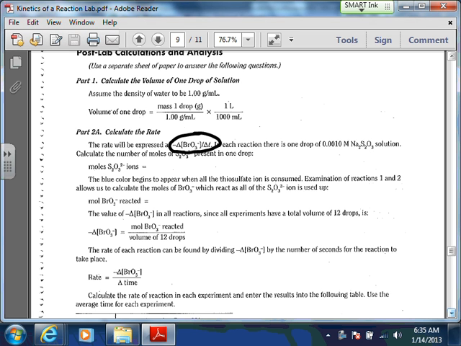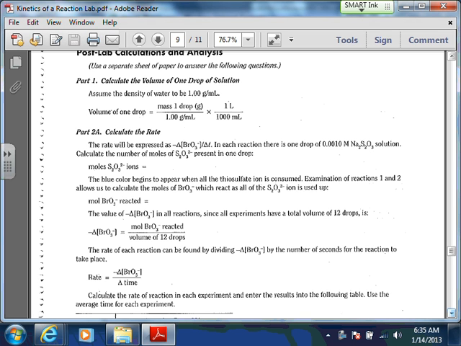So what we're going to have to do on this part, to find the moles of the S2O3 2 minus, let me walk you through this a little bit just to make sure that we understand how to do this. We know the volume that we added, okay?